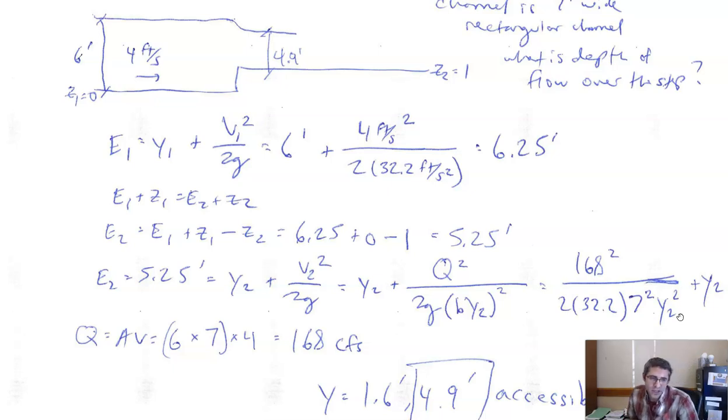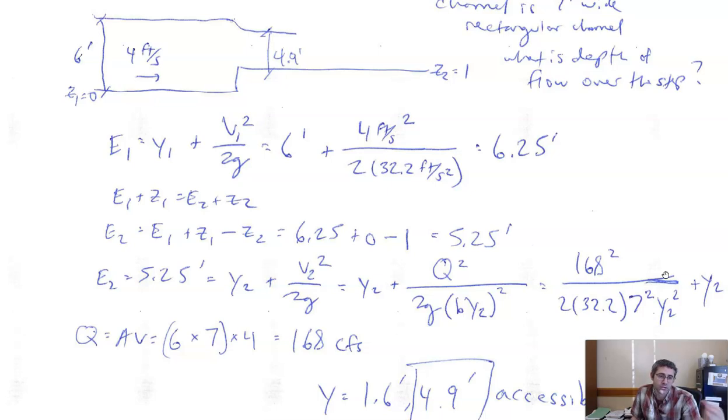So you need to plot this. In my calculator I could put all of this in as, like, x squared plus x, and then subtract off the 5.25. I could plot it and then find the intercepts.